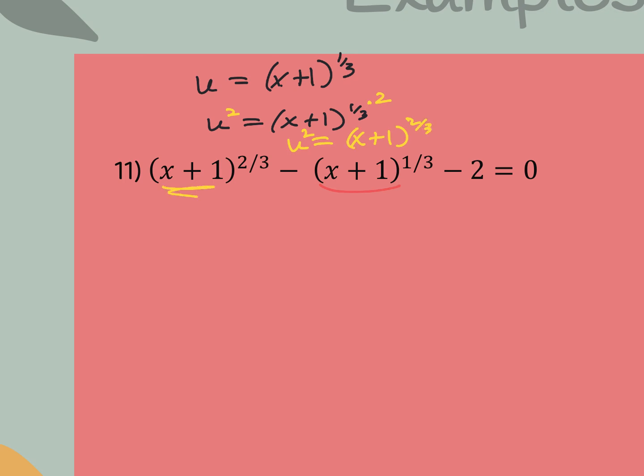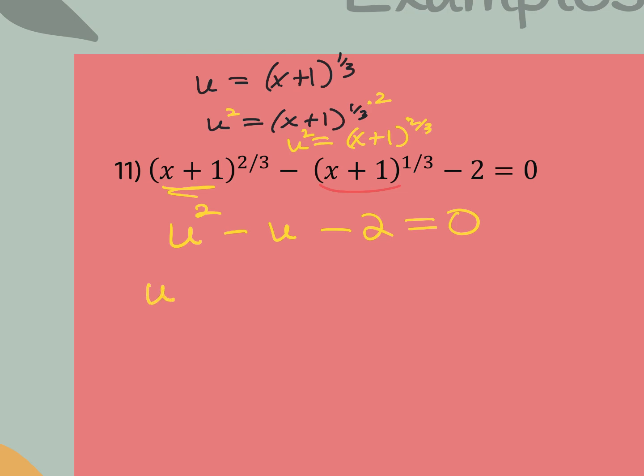So I'm going to replace my first term with u squared. I'm going to replace my middle term with u, and then just rewrite the third term and set it equal to 0. I have a nice, easy quadratic equation that I can factor.